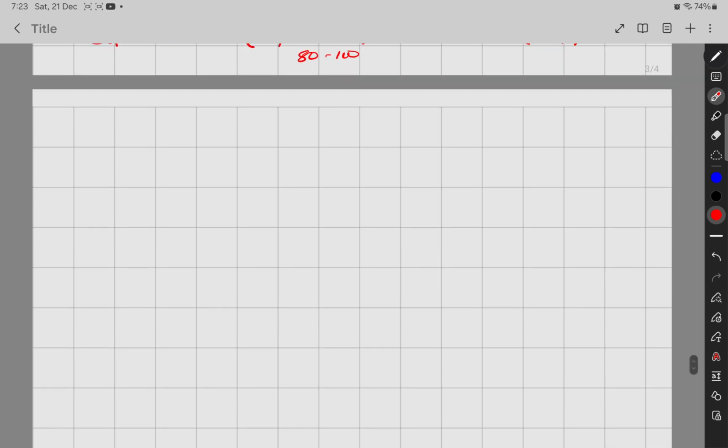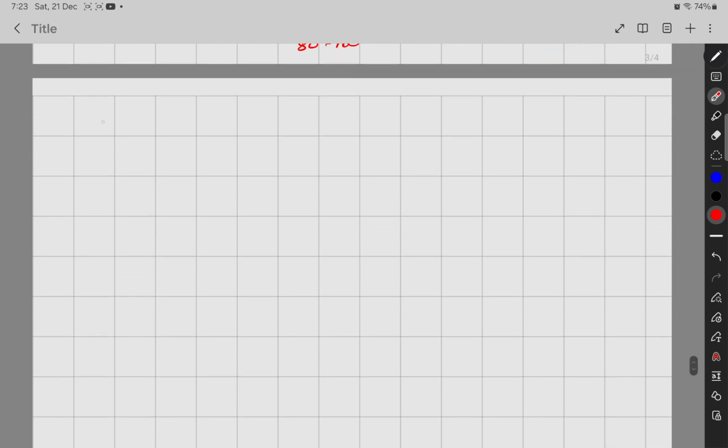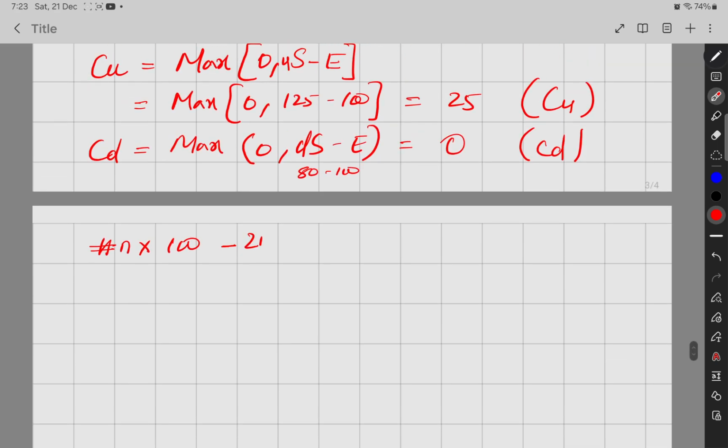Okay, now the essence again: we come back to hash n times S0, that is 100, minus CU, which is 25, is equal to hash n times 100 minus 0, because you have the value of the upside equal to the value of the downside. And that is where you solve for your hash n.